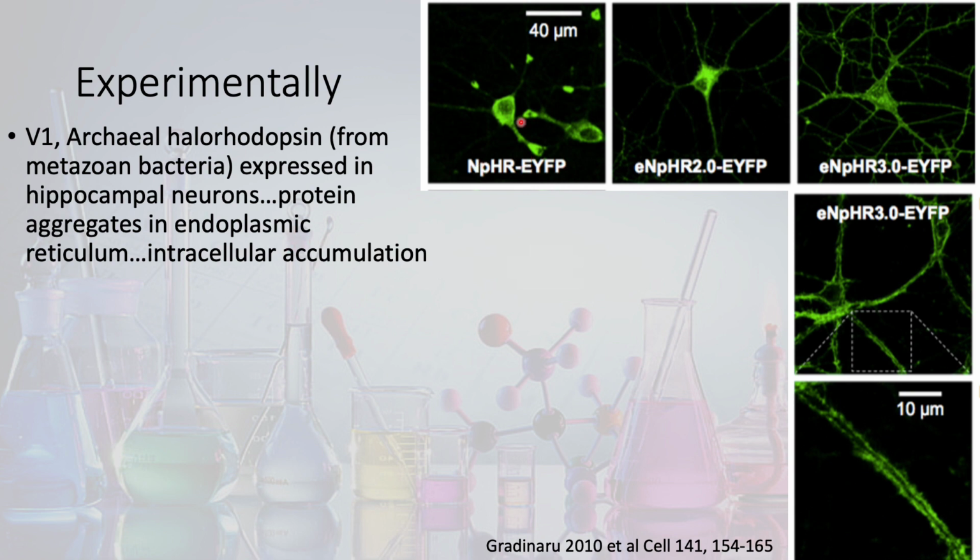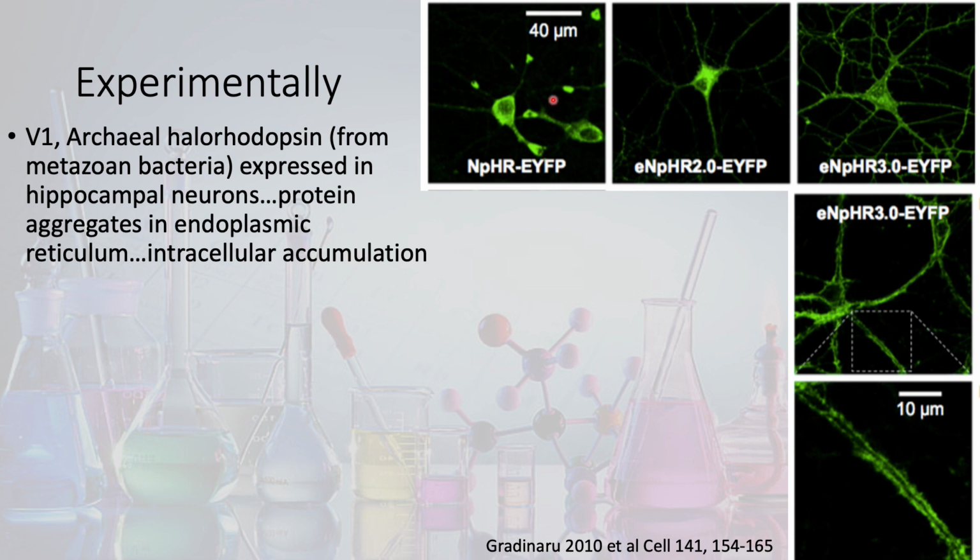Essentially, we've tagged our functional protein with a fluorescent protein that will let us see where our protein actually is. So in the first version, we extracted the DNA sequence, which will code for the amino acid sequence, directly from a metazoan bacteria, and stuck it into the genome of our hippocampal neurons, and now they are literally just reading that DNA code, making the protein it codes for, and trying to express it, right? But doing this results in protein aggregates in the endoplasmic reticulum and intracellular accumulation, right?